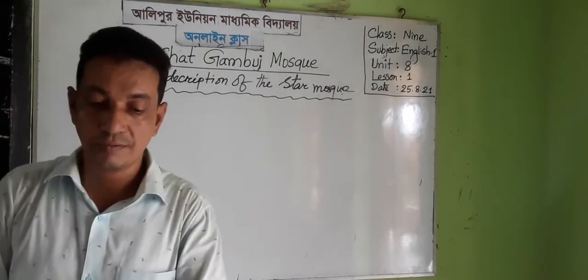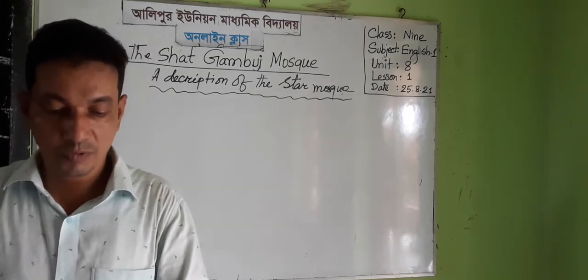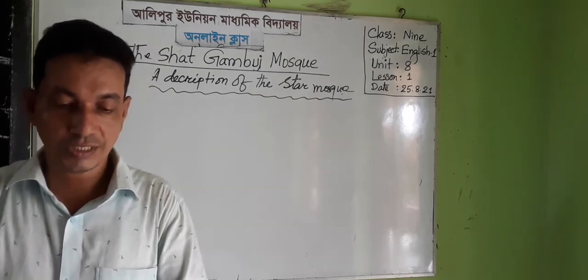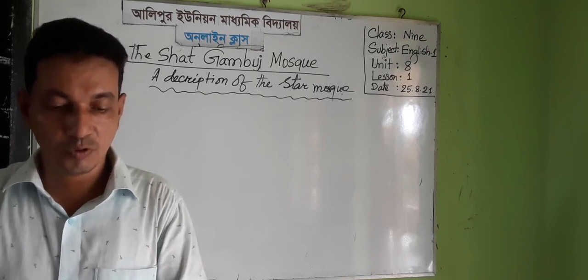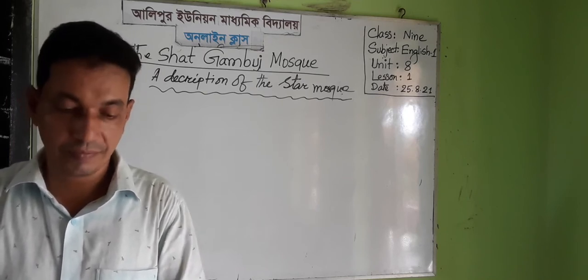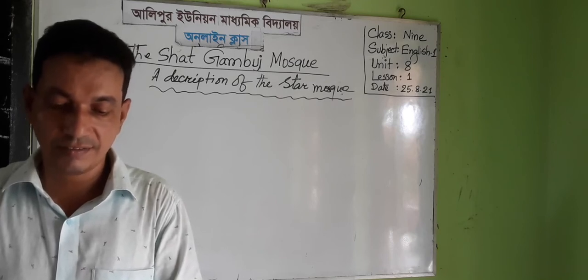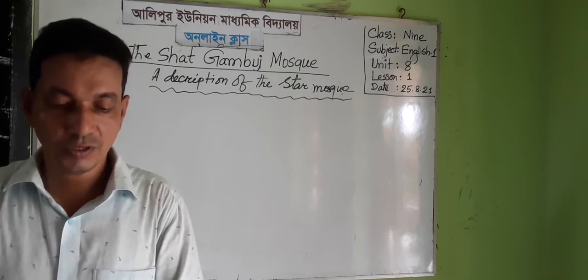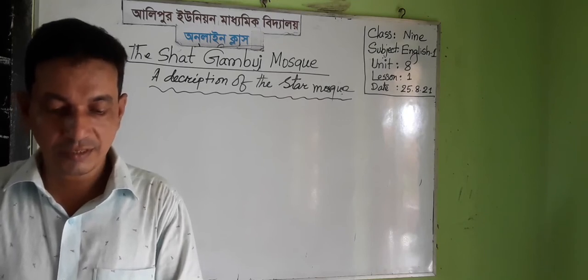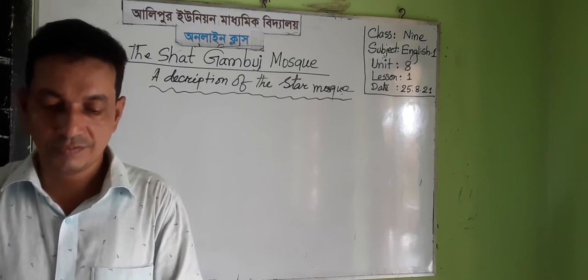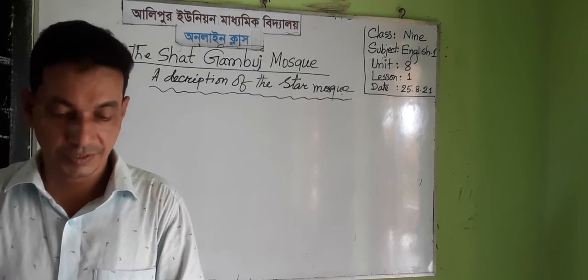Now I am reading out the information of the mosque. At first, location Dhaka Abul Khairat Road, style Mughal, number of domes 5, decoration different sizes of stars on dome and outside wall. And next one, materials used for decoration, china ware and white cement.